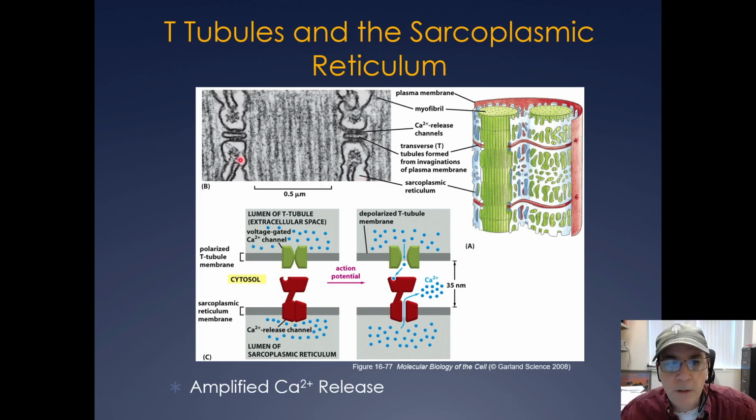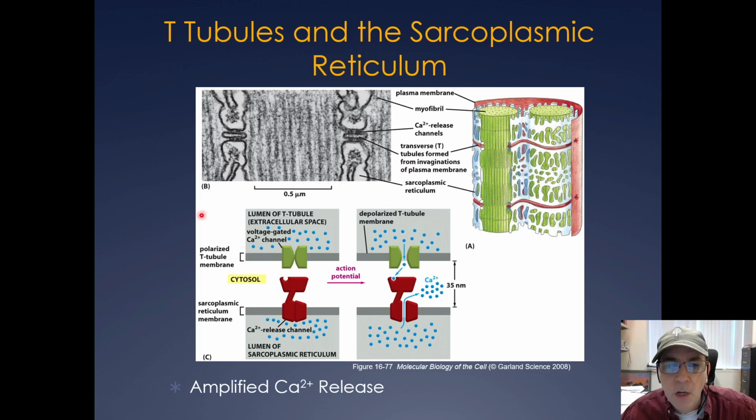Here's a nice little image of the sarcomere, and you've got the transverse tubule that goes around, and then you also have this sarcoplasmic reticulum shown in this light bluish white color.